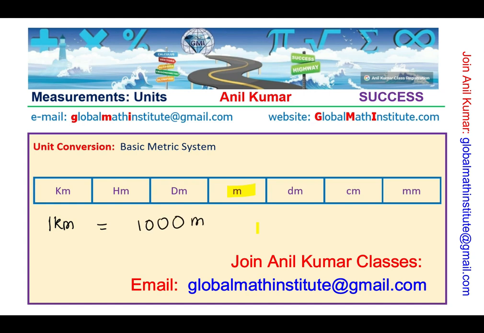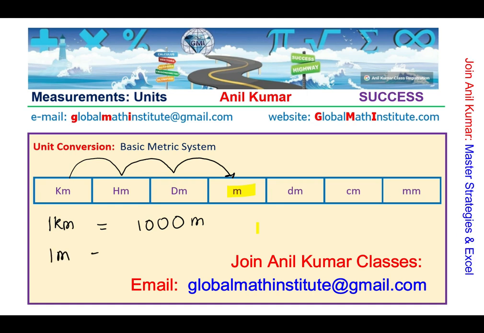So the metric scale makes it simple. As you move each step, you multiply by 10, right? So 10, 10, 10 gives you 1000. Similarly, I could say 1 meter is equal to, moving from meter to centimeter, 10 times 10 is 100 centimeters.